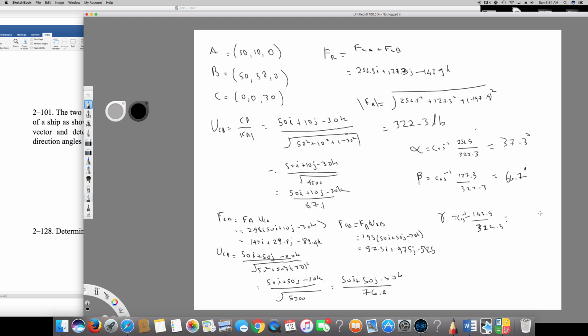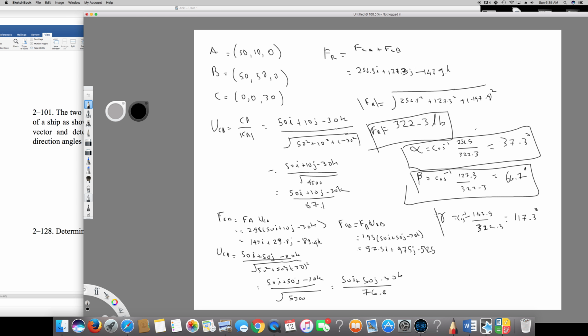And gamma is going to be cos inverse of negative 147.9 divided by 322.3, which is equal to 117.3 degrees. So this is our final answer. First the FR magnitude is this, and alpha is this, beta is this, gamma is this. So we have done this question.